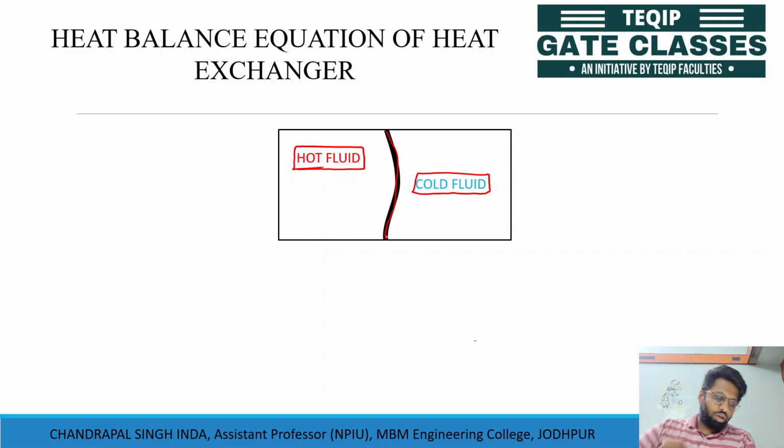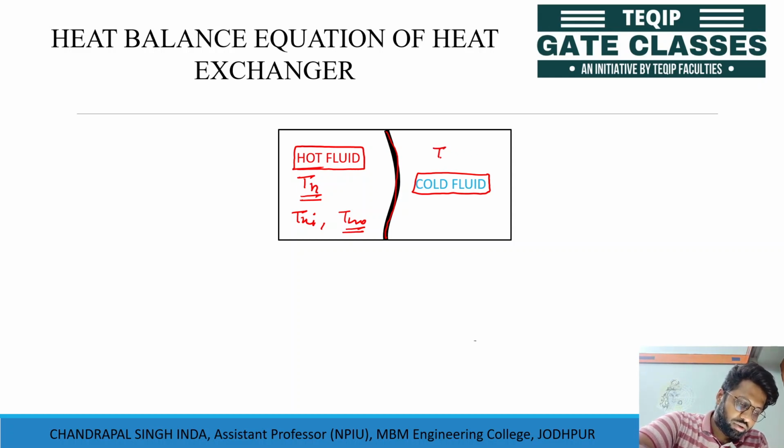So hot fluid temperature is denoted by Th, the inlet temperature is Thi, and the outlet temperature of the hot water is Th out. Similarly, for the cold fluid, the temperature is denoted by Tc, the inlet temperature is Tci, and the outlet temperature is Tco, the cold outlet temperature.